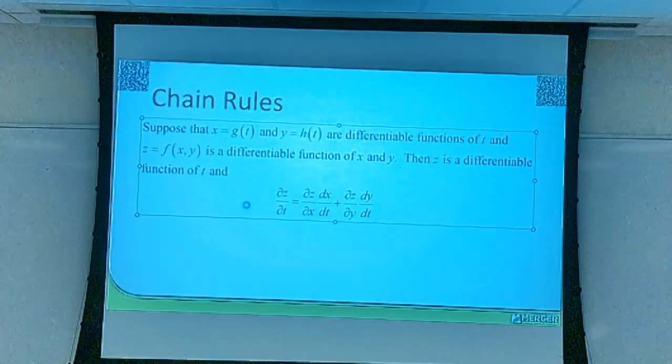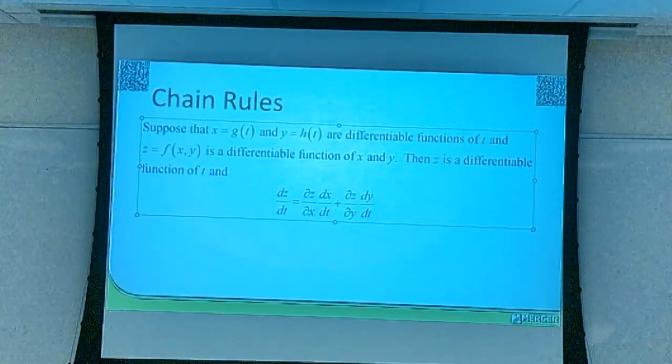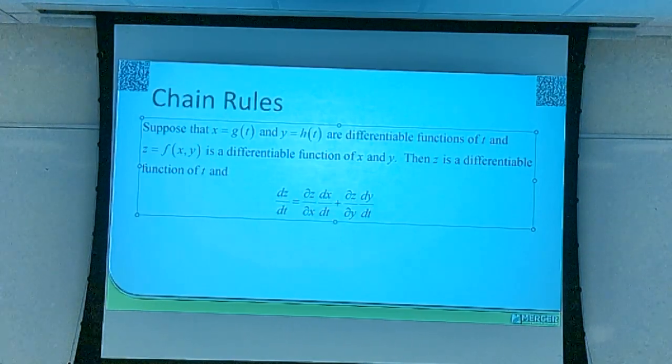For the z, that should be dz dt. Right, dz dt would be partial z partial x times dx dt plus partial z partial y times dy dt.